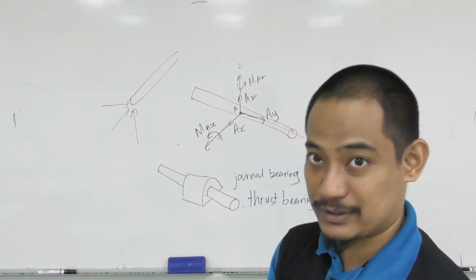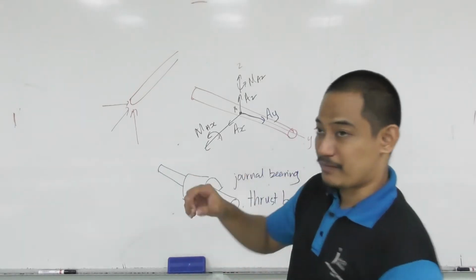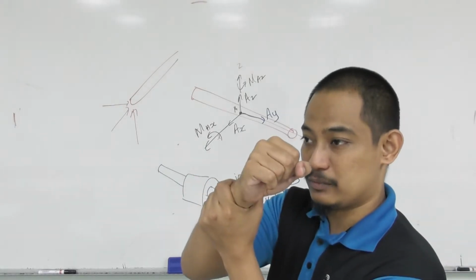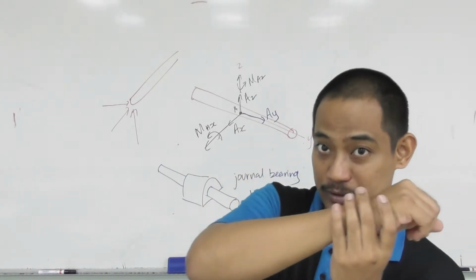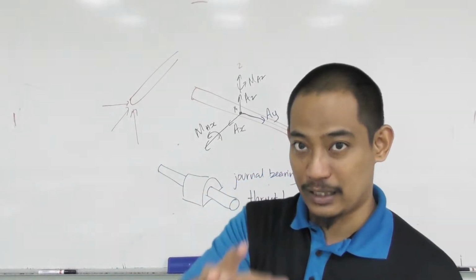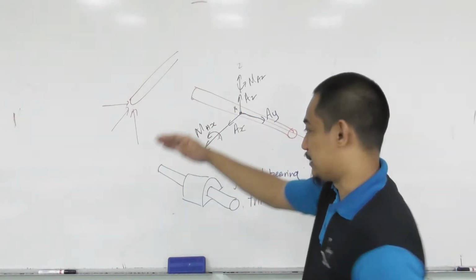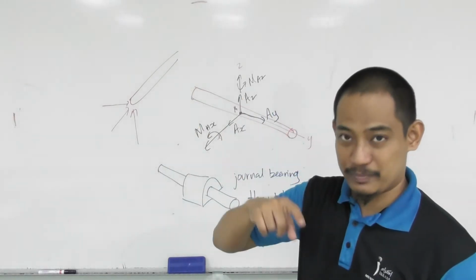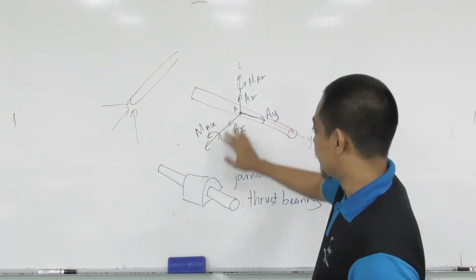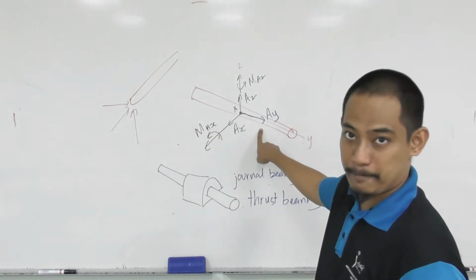The point here is, for journal bearing, the mechanism allows movement along the axis. Hence, you do not have AY because there's no restriction in that movement. But in thrust bearing, it restricts that movement, so you also have AY.